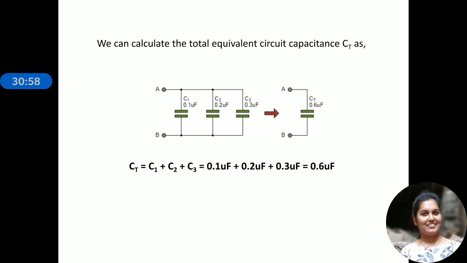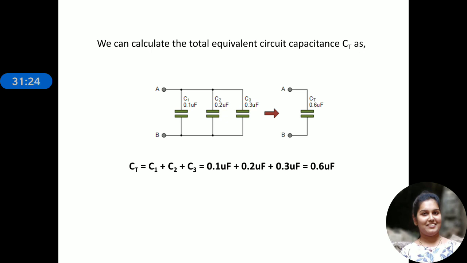All are connected in parallel fashion and connected to a supply, right? So according to the expression of total capacitance of the circuit, we can write total capacitance CT is equal to C1 plus C2 plus C3, right?